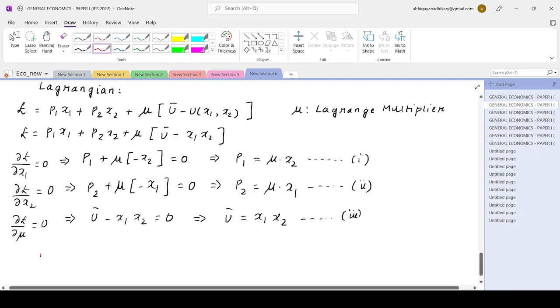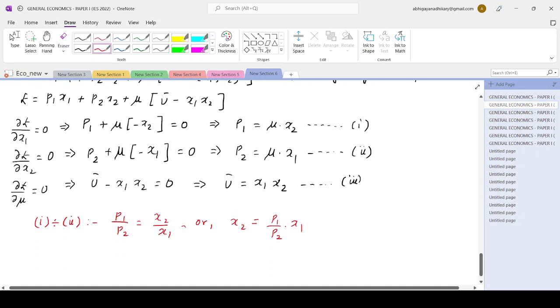So now if you do 1 divided by 2, you'll get p1 by p2 equals x2 by x1, or x2 is basically p1 by p2 times x1, and if you substitute that in 3, u bar equals x1 into x2. So in place of x2 I put p1 by p2 times x1.